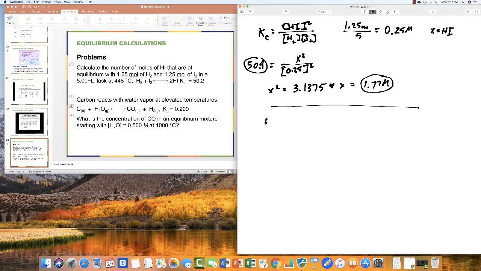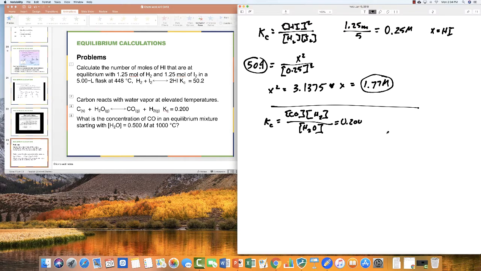Now first you have to do the equilibrium constant, which is 0.2, and it's going to be equal to the products, which is carbon monoxide and hydrogen concentrations. Now carbon is a solid, so it's 1, so you only need the water on the bottom.